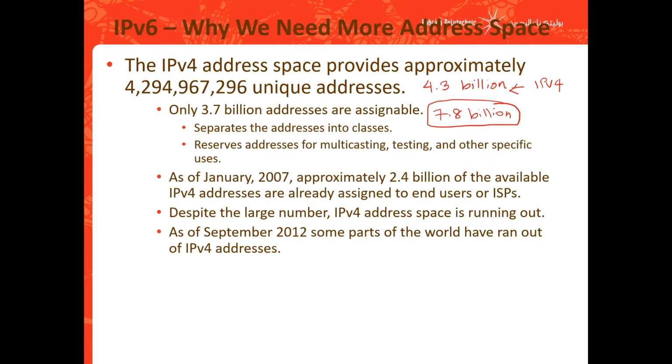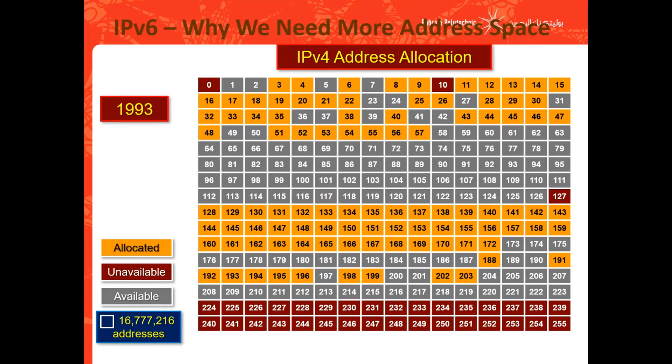Okay, so this is just a chart that shows the IPv4 address allocation back in 1993, which is quite a while. I was not born then. So if you take a look at it, the grayed out portions here, let me use the laser, all of these are the ones that were available back then.